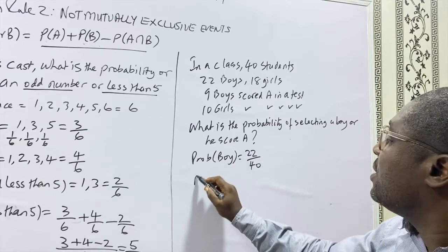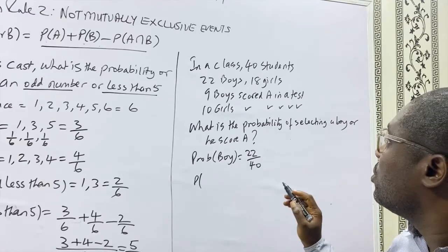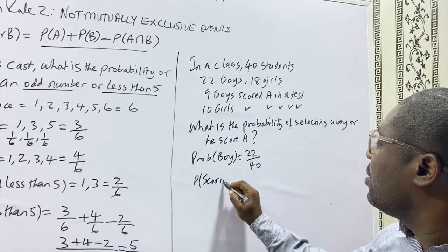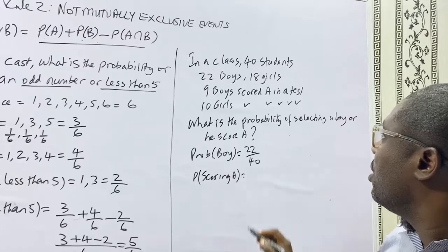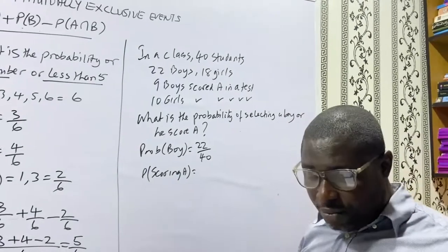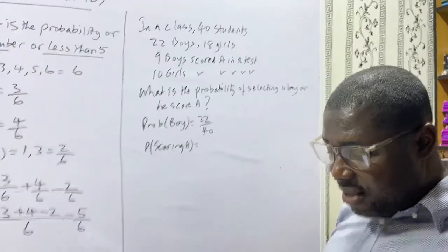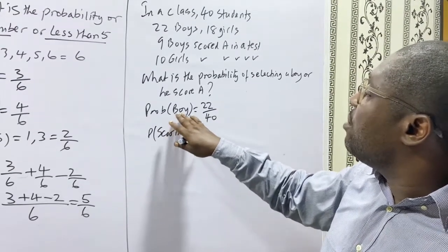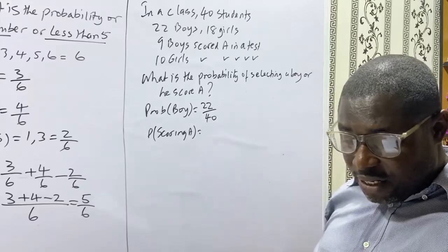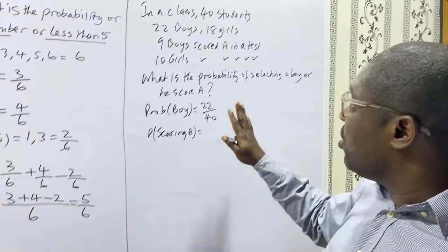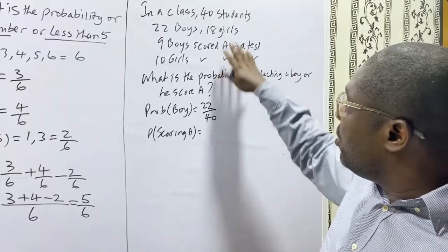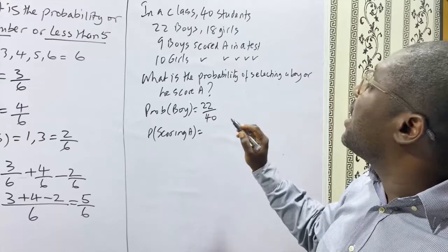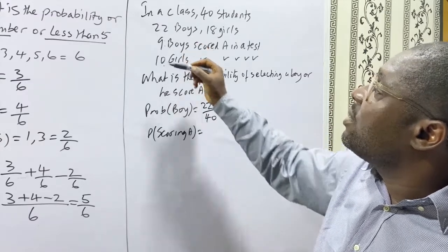Now, the probability of scoring A: you have all the students that scored A. The probability of scoring A in that class is 9 plus 10.